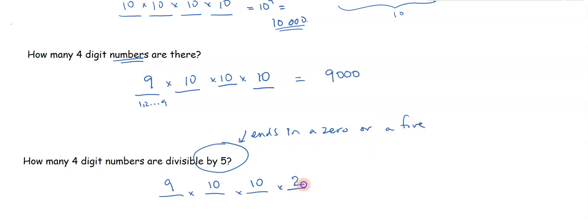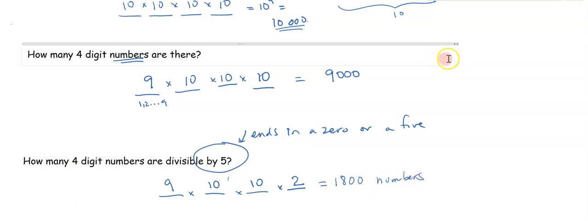It has to end in a 0 or it has to end in a 5. So now we multiply those all together and we get 4,500. Is that right? 9 times 10 times 10 times 2. Sorry, it didn't sound right. There are now 1,800, which makes sense. 9 times 10 times 10 times 2 is 1,800 numbers.